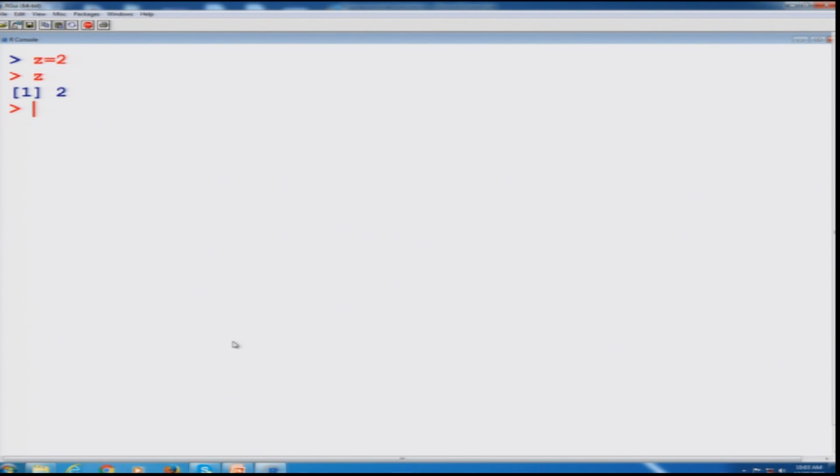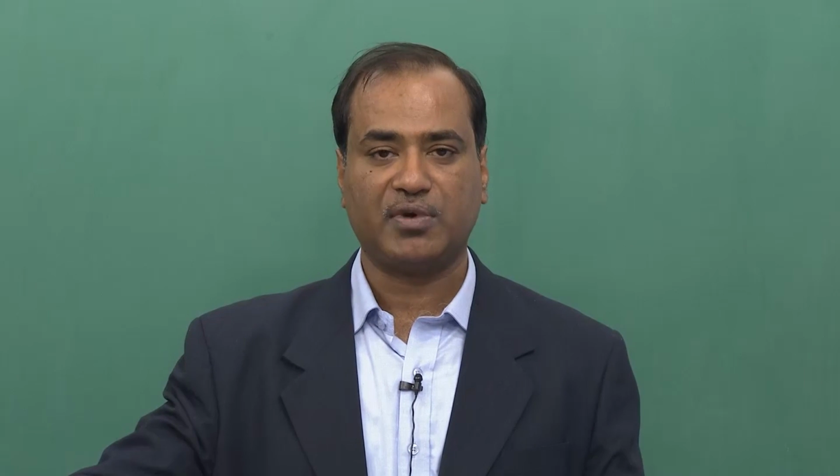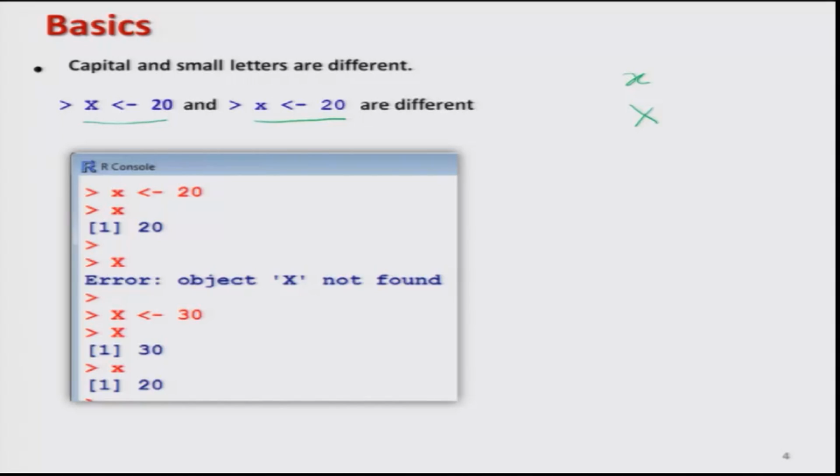But now I am asking what is the value of capital Z. When I enter it, it says capital Z is not found, because I have assigned the value to small z, not to capital Z. So that is a very important point to always keep in mind: whenever you are writing a program, the variable names are to be defined carefully, and whenever you recall a variable's name, you have to recall it carefully also. Okay.